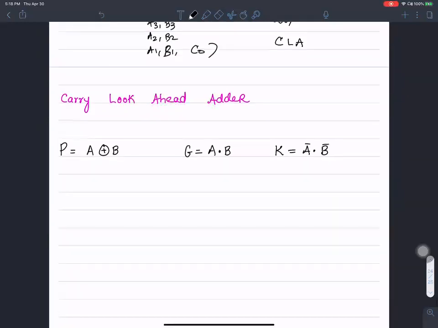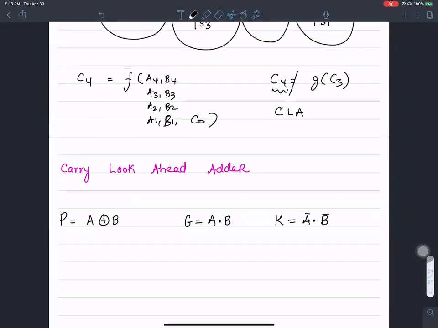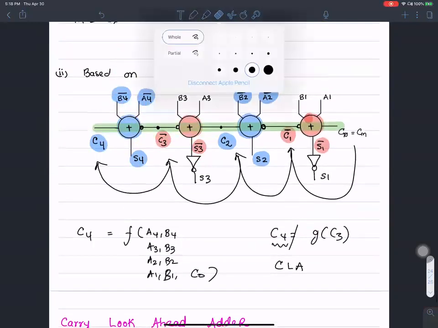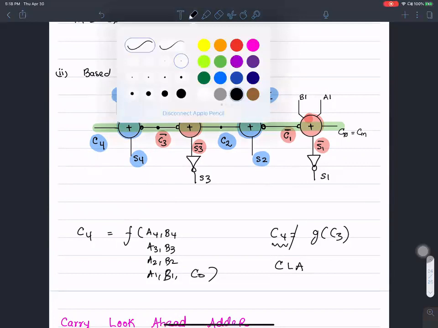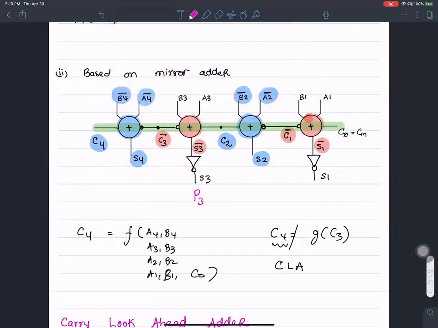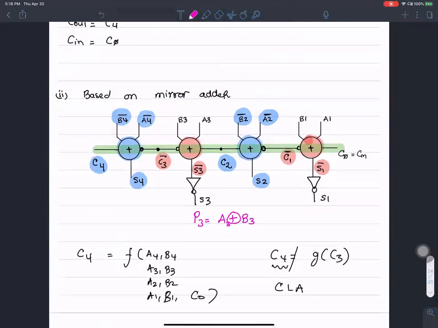So you can define generates, propagates, and kill for each of these stages. If I want to calculate the propagate for this stage, P3, I can do that using A3 XOR B3. If I want to calculate G4, I can calculate it as A4 times B4. Similarly, I can calculate P4 and K4.